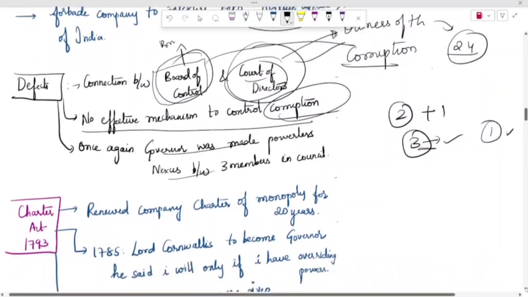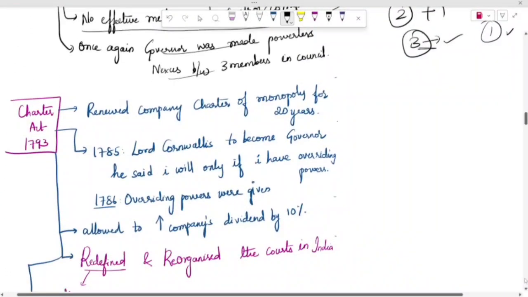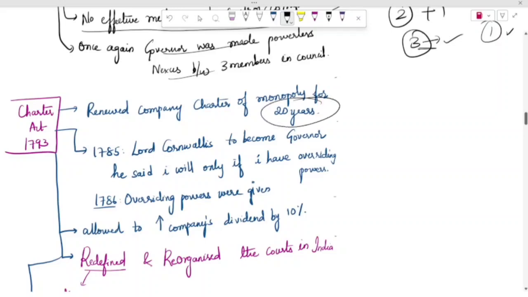When it comes to the Charter Act of 1793, the next act, whatever charter was given by Queen Elizabeth was renewed in 1793 for 20 more years. And in 1785, there was one person called Lord Cornwallis. He said that if I have to become a governor, I will, but only on some conditions. I need some overriding powers.